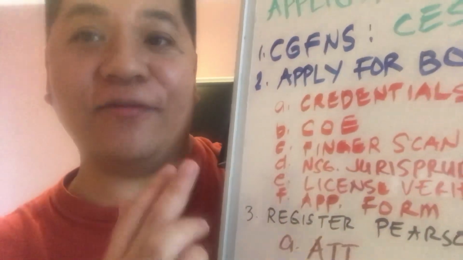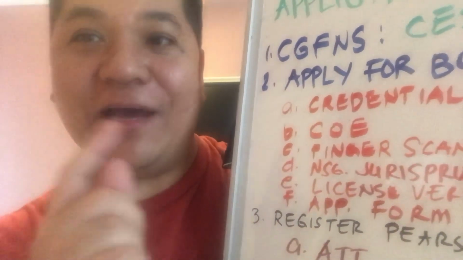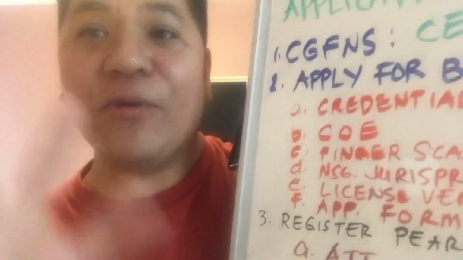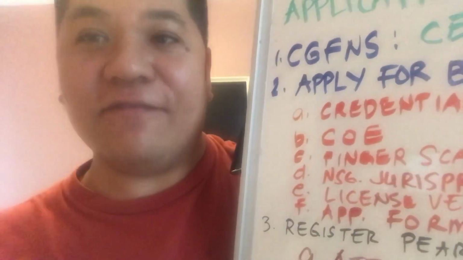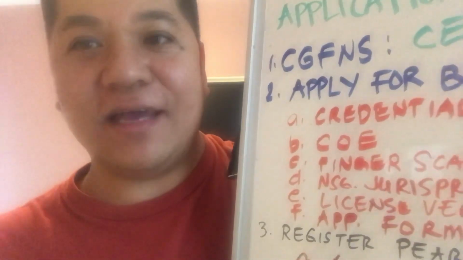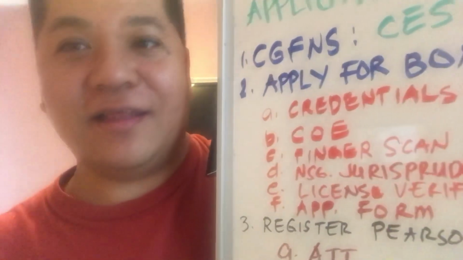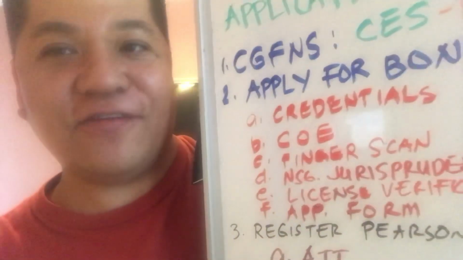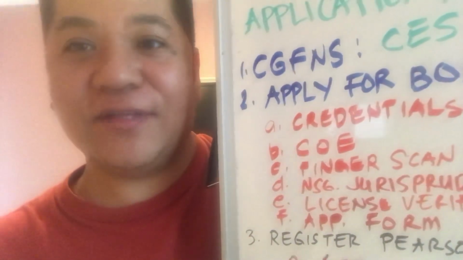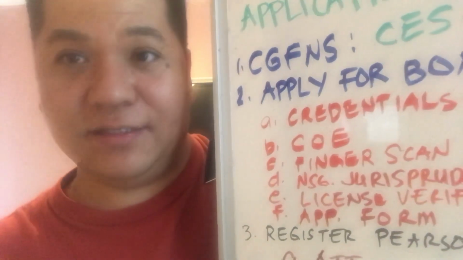You could download the form on the BON Texas website, fill up the form and give it to the PRC. So they will send a letter again to the BON of Texas, so they can verify that your license is good and not expired.